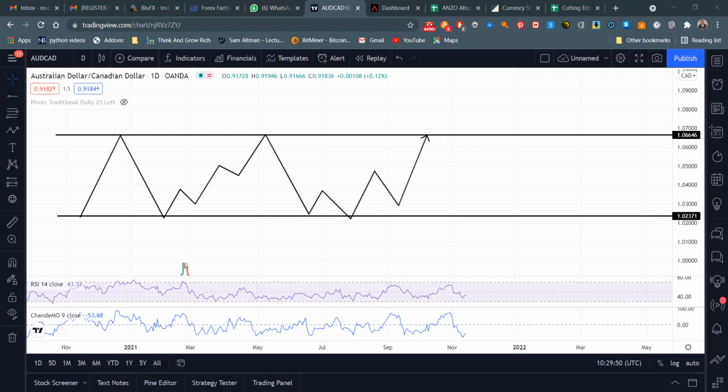So we know that a flag pattern would look something like this, where the market starts moving within a channel but still being constructive. And then when price breaks above here, we could see price move up, right?